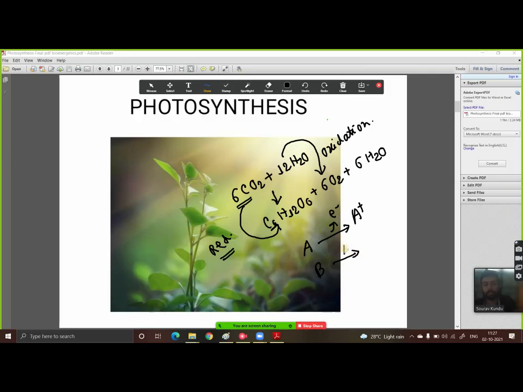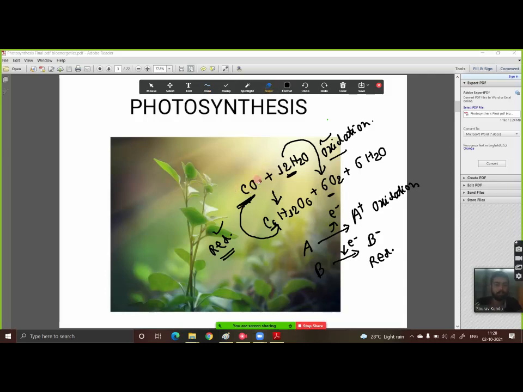If another element takes up this electron and becomes negatively charged, then this process is known as reduction. In photosynthesis, carbon dioxide is reduced and the water molecule is oxidized. So at one time both oxidation and reduction are going on, that's why it is known as a redox reaction. So how much have we completed?